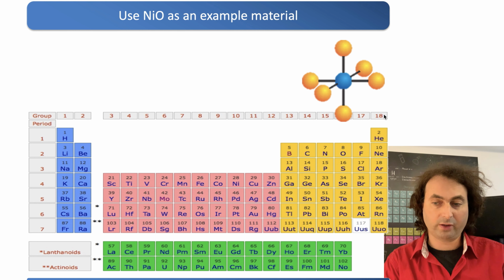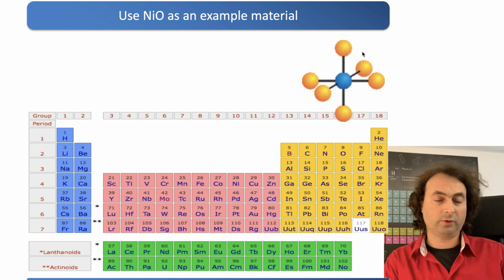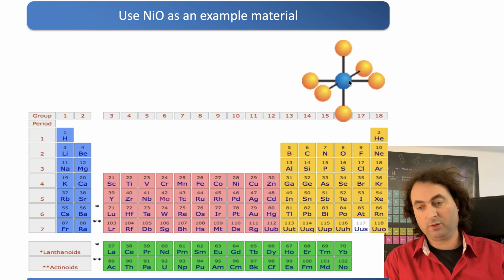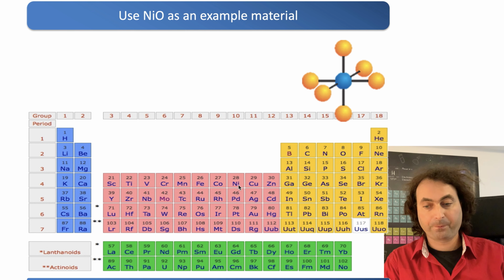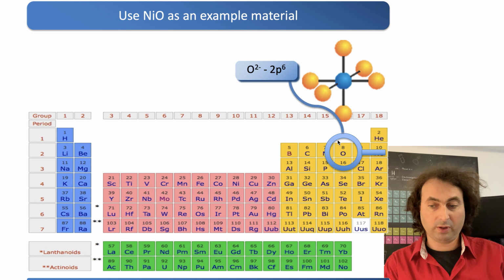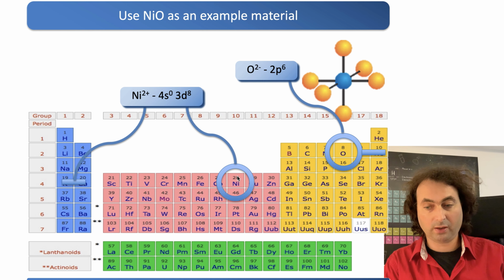This actually is a very common building block for transition metal compounds, transition metal oxides, where you will find them 6-fold coordinated. Nickel is here in the periodic table and oxygen there. Now the oxygen becomes 2- for its formal valence, such that it has a completely filled 2p shell.